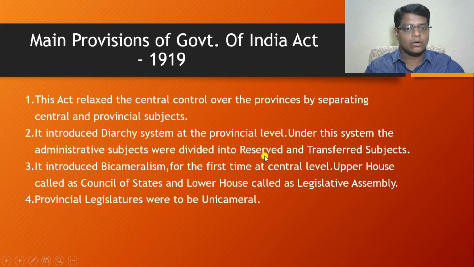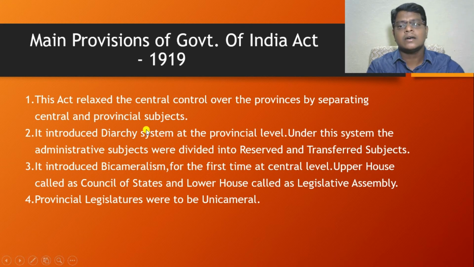That means these subjects were enjoyed by the British. Whereas the transferred subjects, less income oriented and more responsibility oriented, such as local government and welfare ministries, were enjoyed by the Indian ministers. Here the reserved subjects were vested with the British ministers, and the transferred subjects with the Indian ministers.